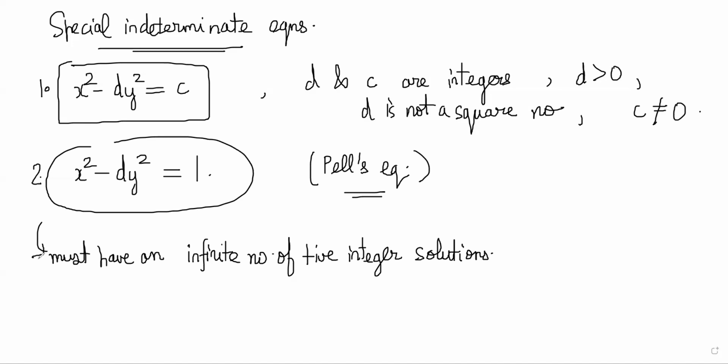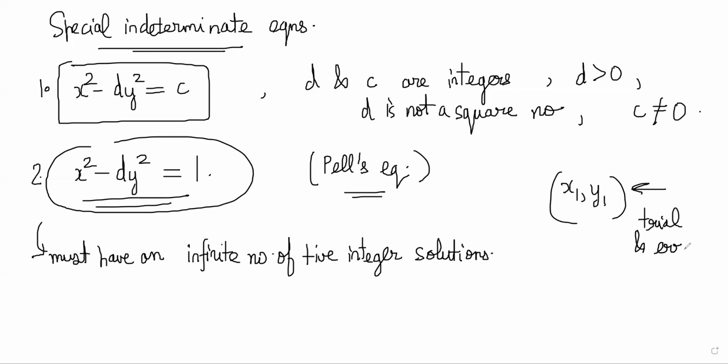So the second equation has an infinite number of positive integer solutions, the Pell's equation. And you can find a basic solution to this equation by trial and error. If you find a trial and error solution, x1, y1, you can construct any number of solutions for this equation by using the following recurrence.